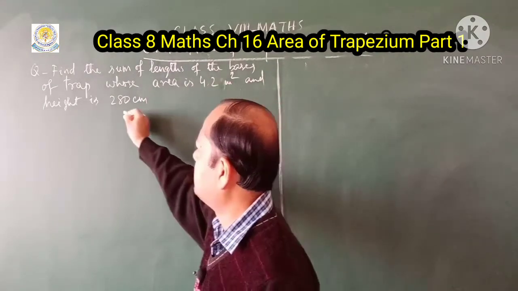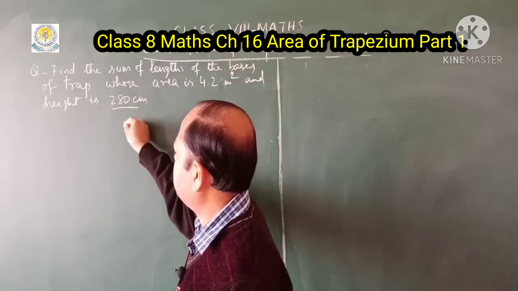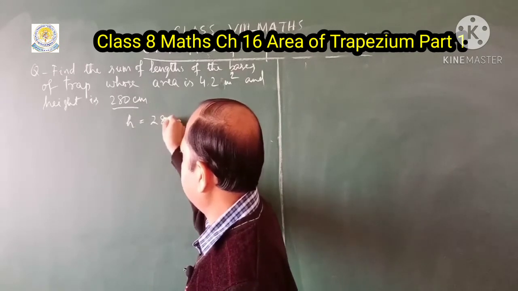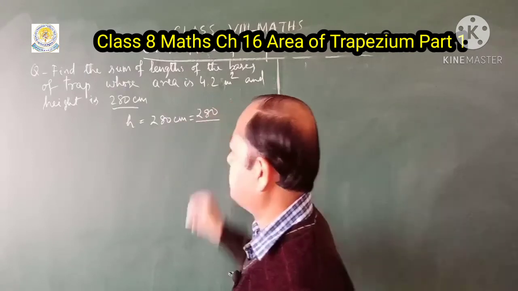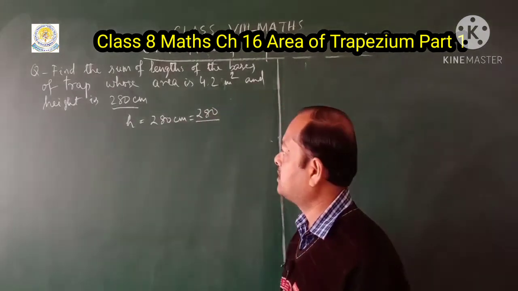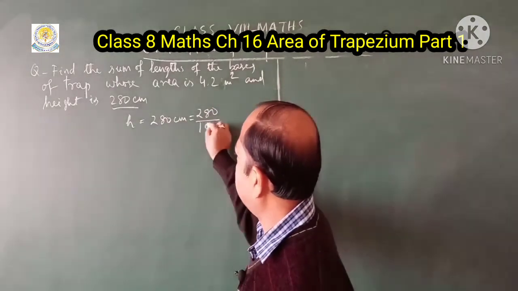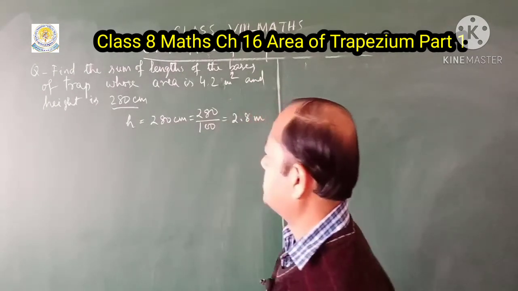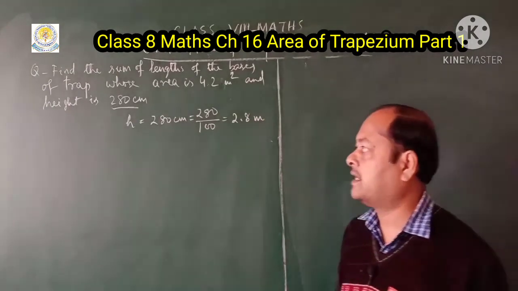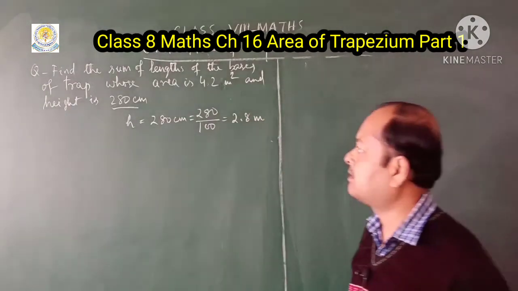So first convert this 280 centimeter, which is the height, into meter. How to convert into meter? 1 meter equals 100 centimeter. So here divide by 100, that is 2.8 meter. So we have got 280 centimeter equals 2.8 meter.